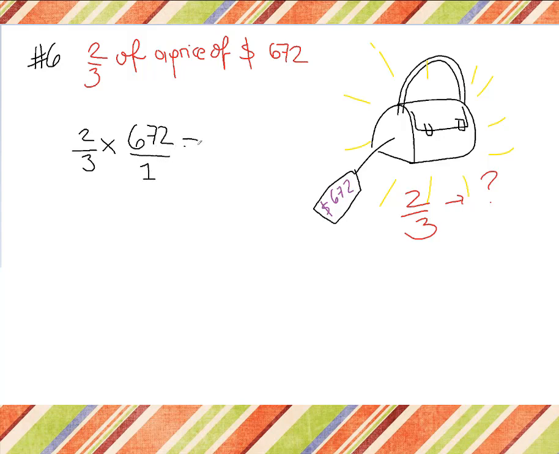Put a 1 in the denominator, and now we need to multiply. Remember, numerator with numerator, denominator with denominator. Let's multiply. 2 times 672 is 1,344, and we need to divide by 3.